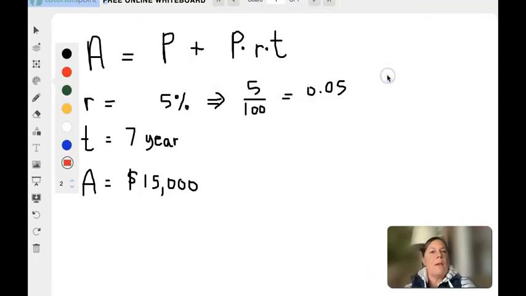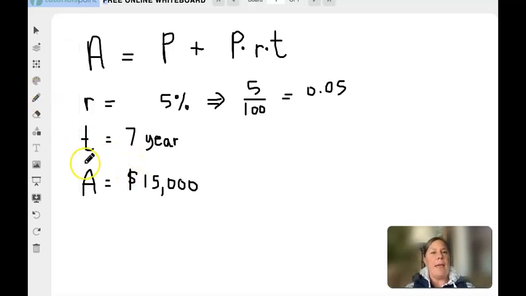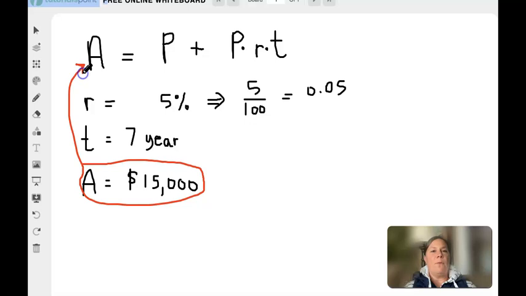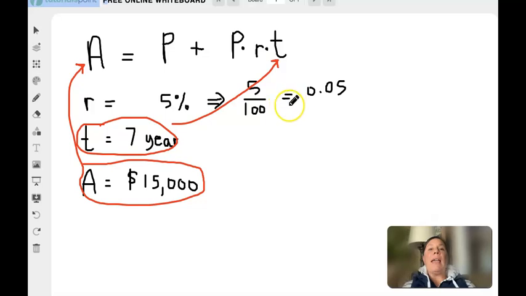So I'm going to take my A value down here, and that's going to go into my A value in the formula here. My t equals 7 is going to go in for my t value right here. And my decimal 0.05 is my rate, and that's going to go right in here.